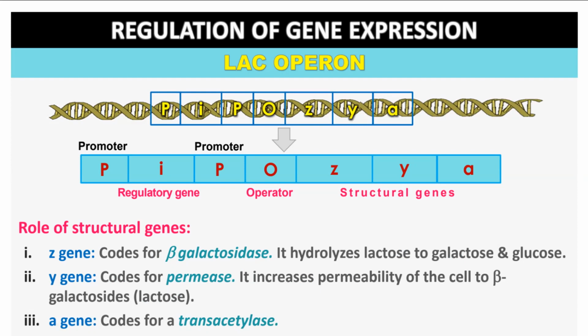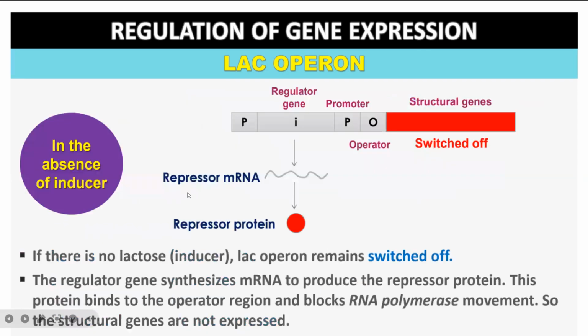Next is how the regulation of gene expression takes place in the lac operon, the working of the lac operon. In the absence of inducer, the inducer here is lactose. Only when lactose is there will this entire lac operon work.